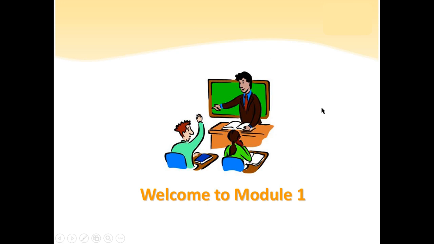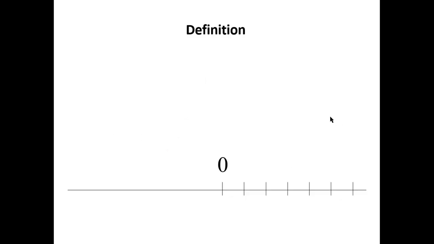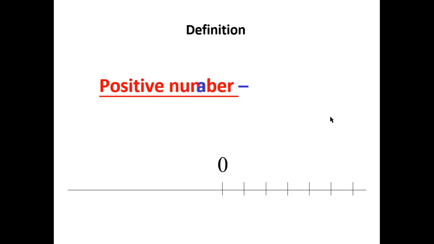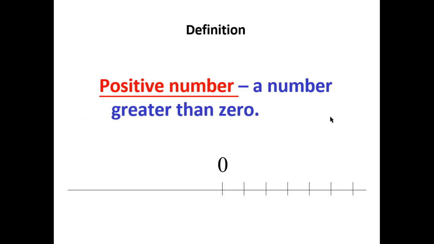So let's start your first module. Positive number. A number greater than 0 is known as a positive number. 1, 2, 3, 4, 5, 6 and so on are known as positive numbers.